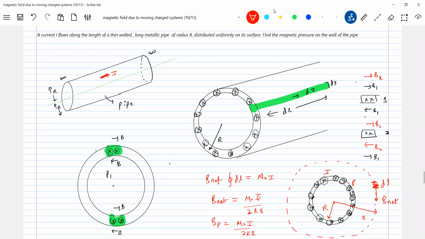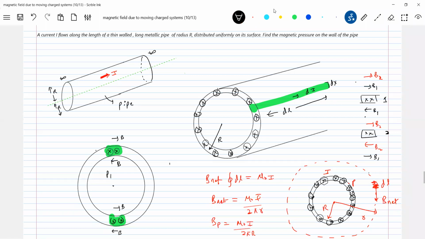The resultant field becomes mu naught I by 2 pi r by adding up these two fields. So what is the field B1 I should write? Half of this, BP by 2. What about B2? It should also be BP by 2.